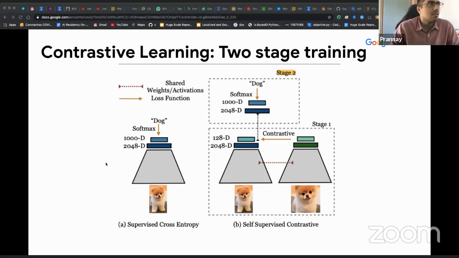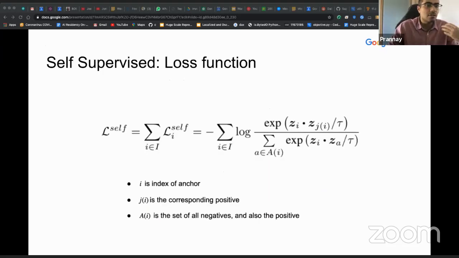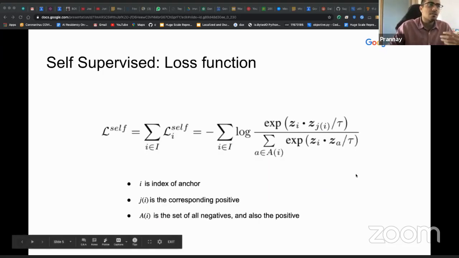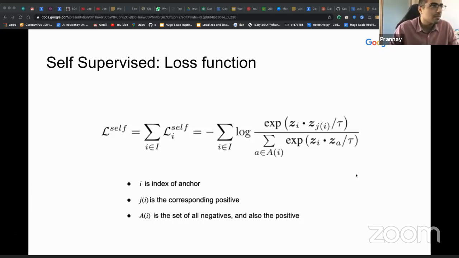Right. So the form of the loss that is used in such contrastive learning setups looks like this. You have the total loss over the entire batch, and for every sample in the batch, you have a likelihood term inside the log. This likelihood term comes from the exponent of the similarity between the embeddings.